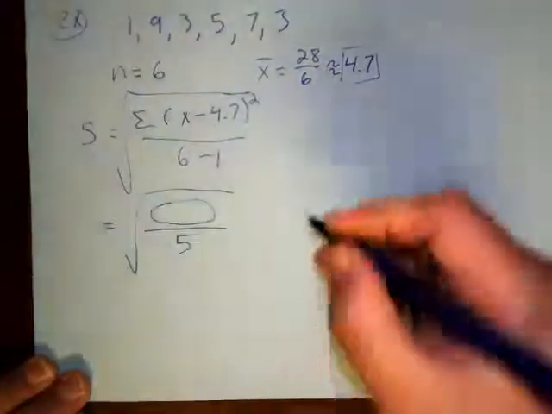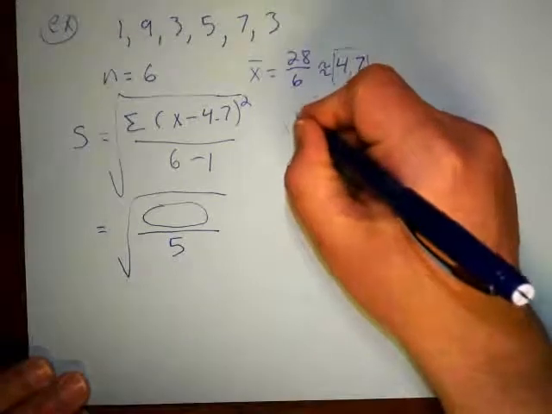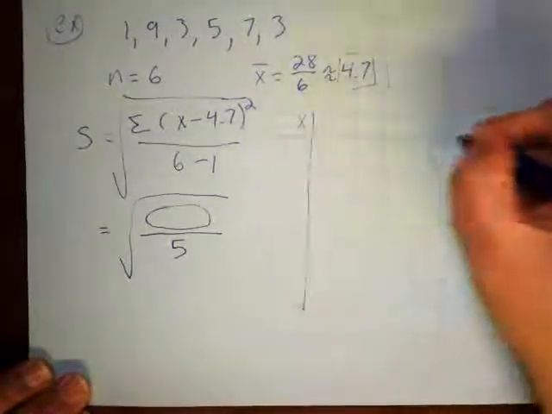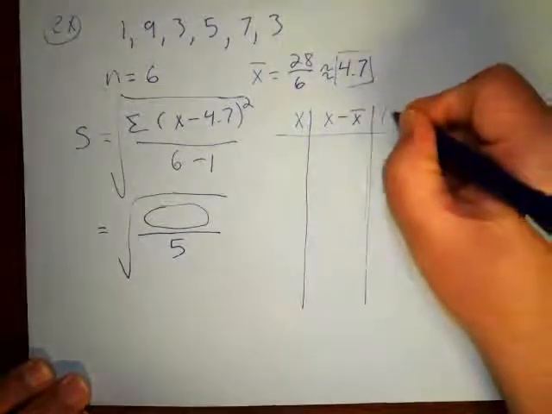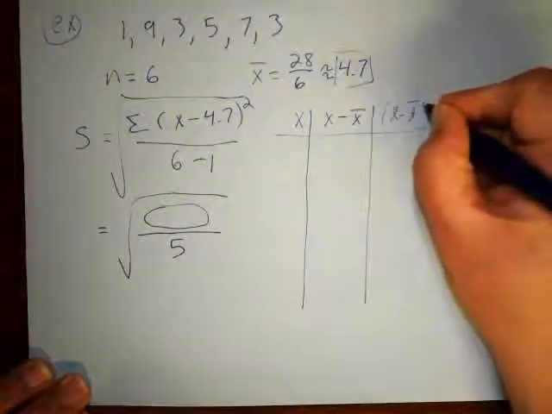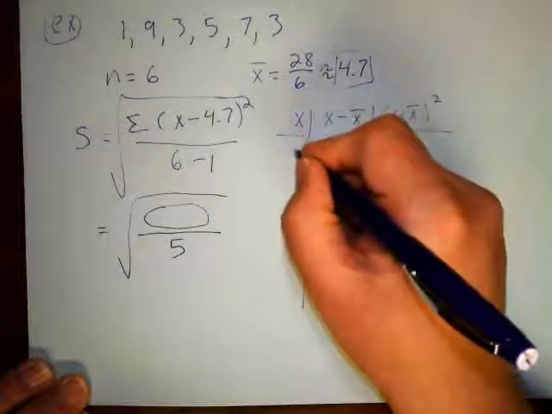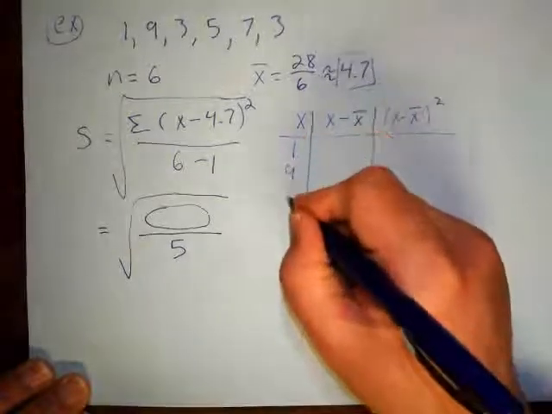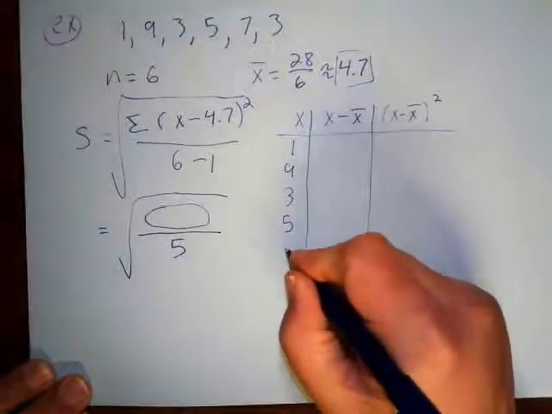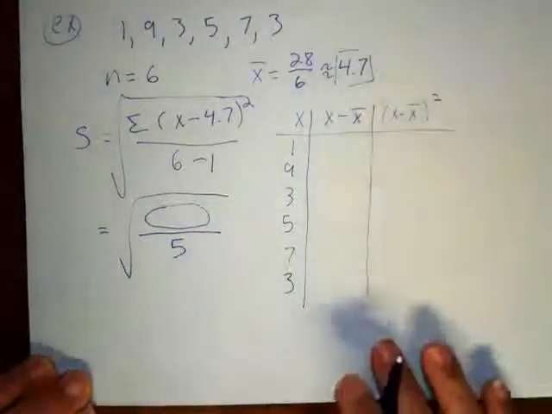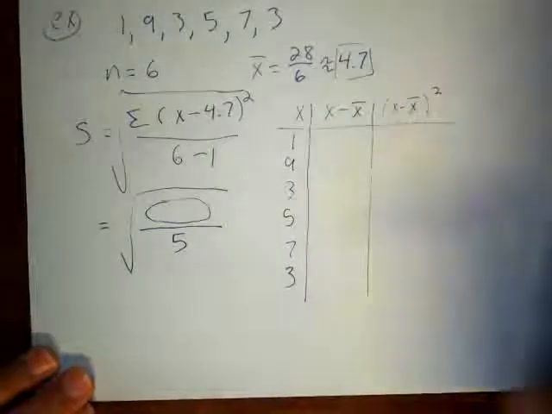So I need to get this number, so I'm going to use my table here. So list out my values: 1, 9, 3, 5, 7, and 3.